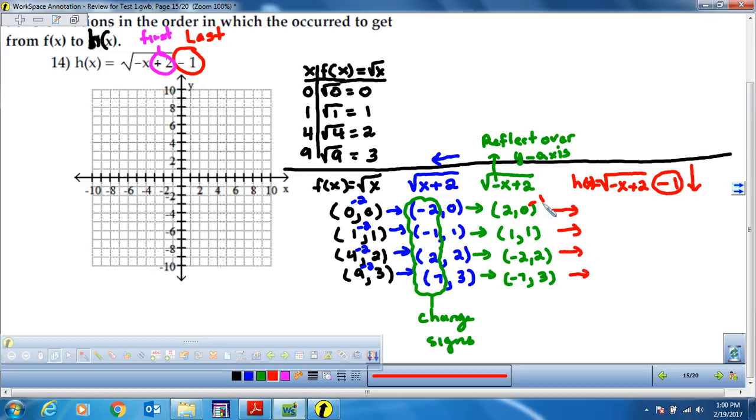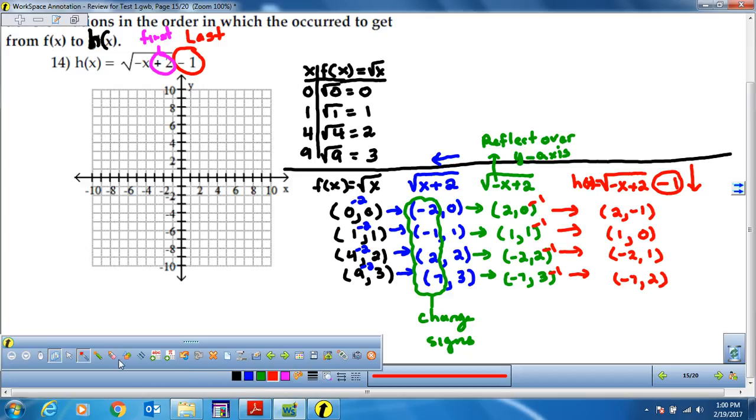The y values will be subtracted by 1. So that is going to create the points 2, negative 1, 1, 0, negative 2, 1, and negative 7, positive 2. And this is the function that we are trying to graph, which is the function h of x.